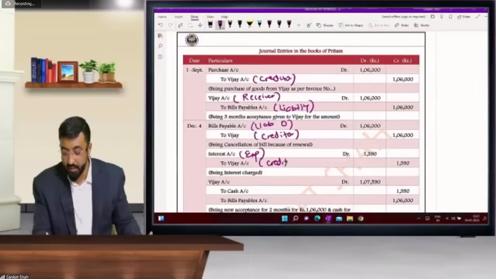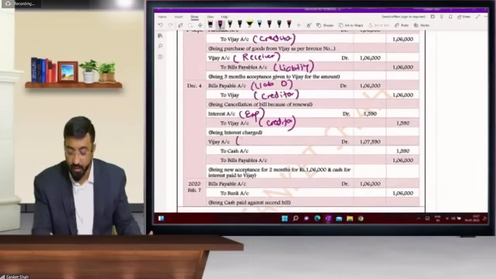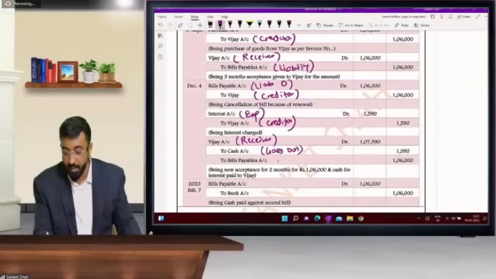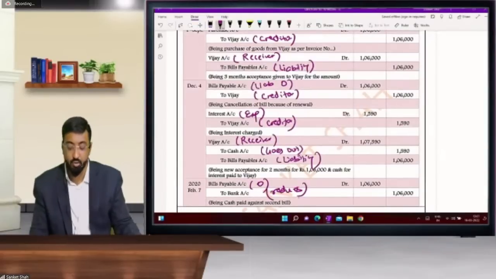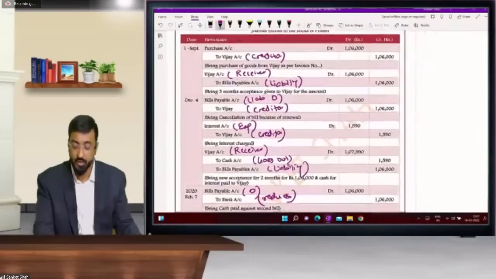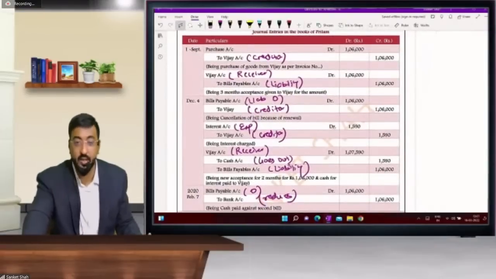Vijay is our creditor 1590. Creditor becomes receiver, cash goes out. And again fresh liability. And liability 0. And cash balance reduces. Asset reduces. So you can take a screenshot of these entries, all entries together.